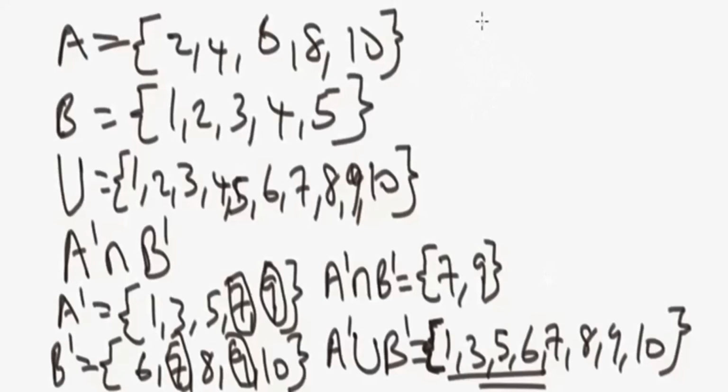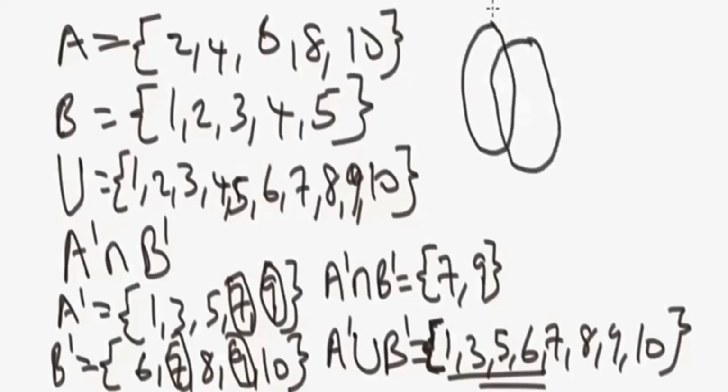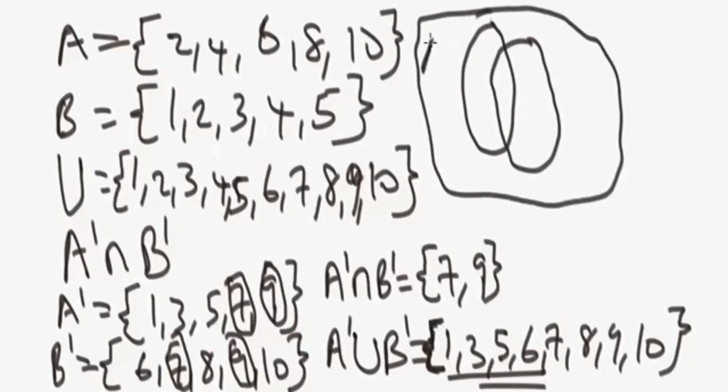To present it on a Venn diagram, we're going to have something like this. This is A complement, this is B complement. The middle values, the intersection, are 7 and 9.